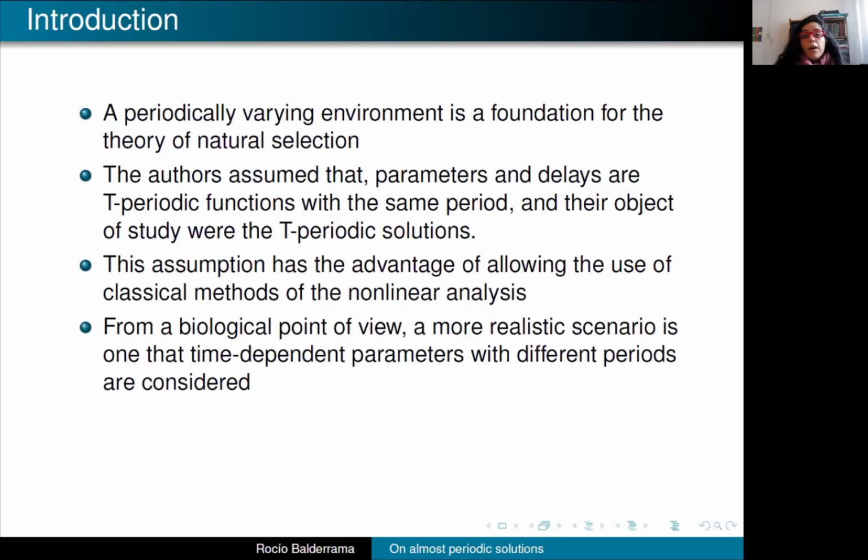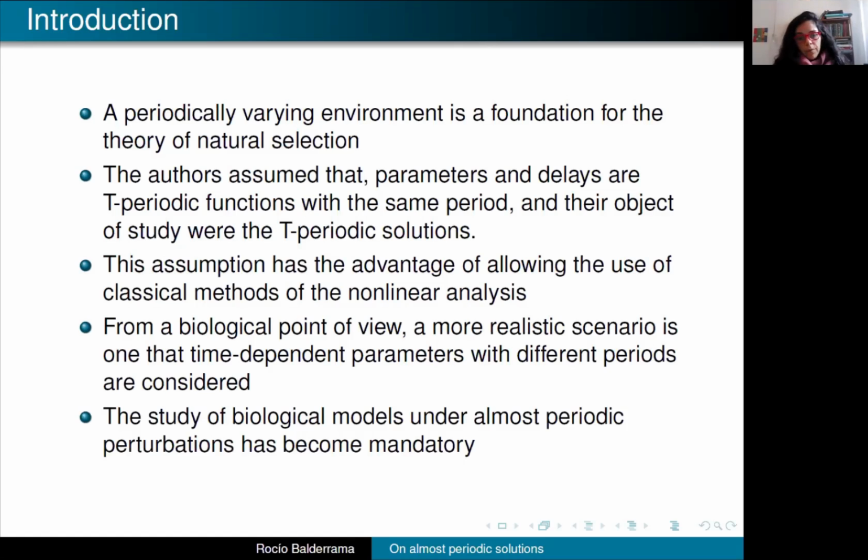But from the biological point of view, a more realistic scenario is one where time-dependent parameters have different periods, not all parameters with the same period. So the study of biological models under almost periodic perturbations has become mandatory.